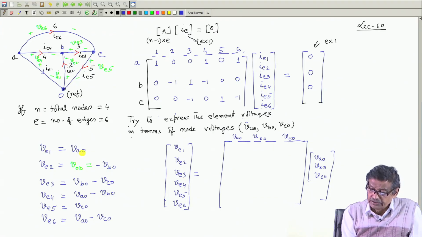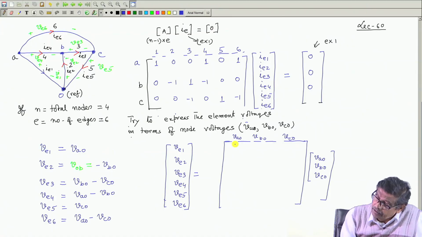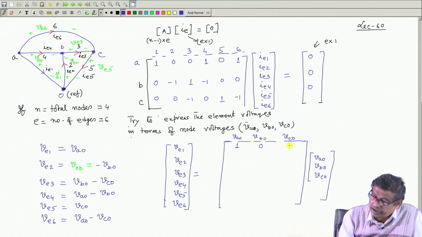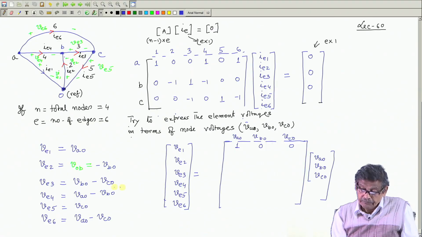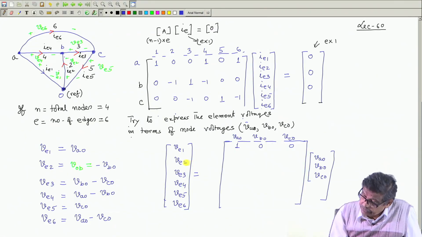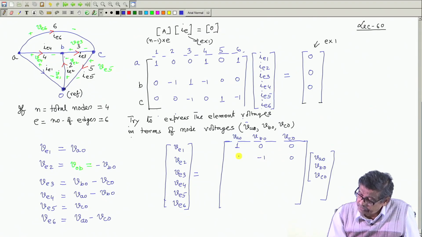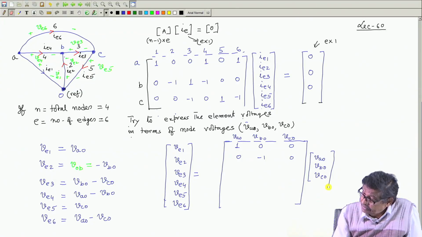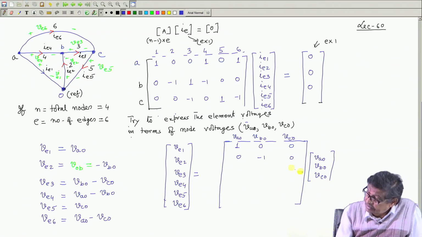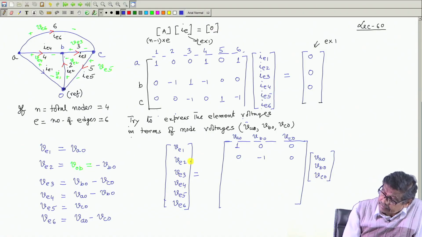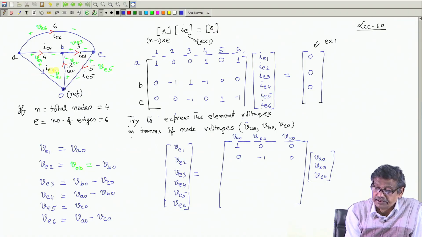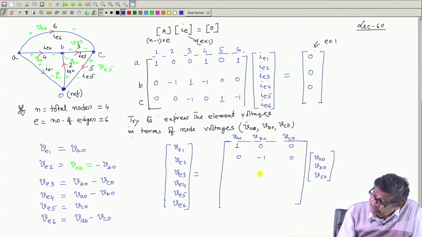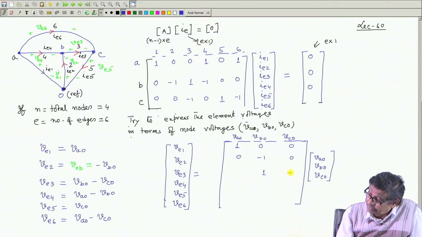So, V 1 is equal to V A 0 only. So, I will put a 1 here and 0 0 there. V 2 is minus V B 0, so minus 1 0 0. This can be written nicely like this. Similarly, voltage across element 3, V E 3, is equal to V B 0 minus V C 0.